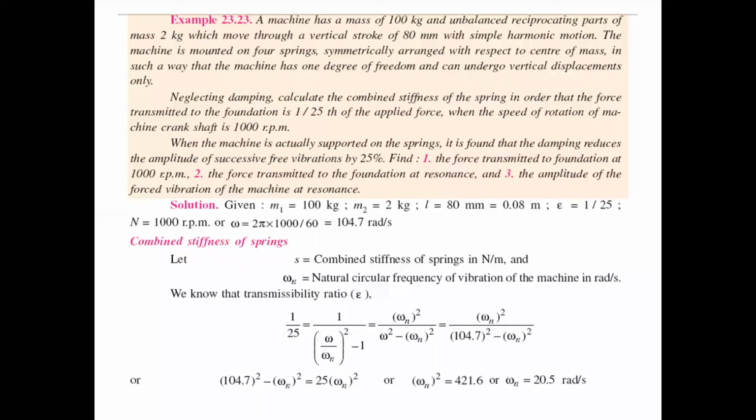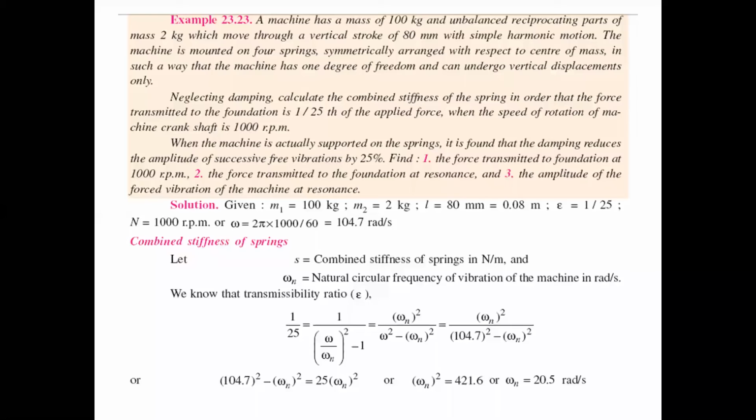The machine is mounted on 4 springs, symmetrically arranged with respect to the center of mass, in such a way that the machine has 1 degree of freedom and can undergo vertical displacements only.